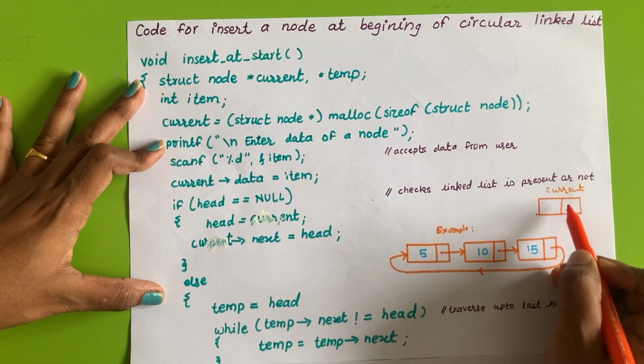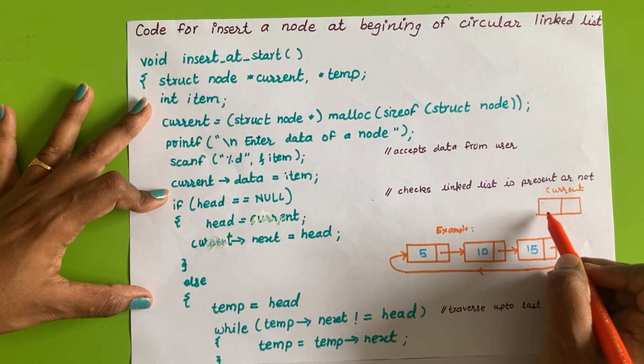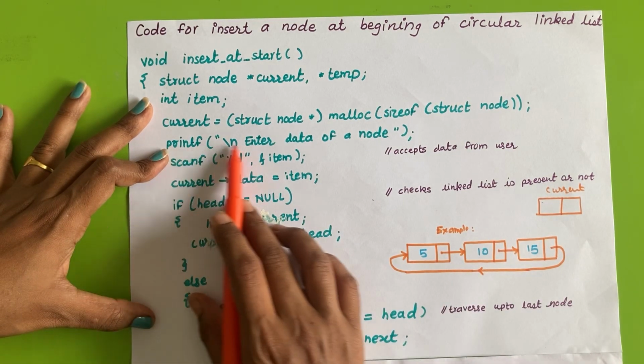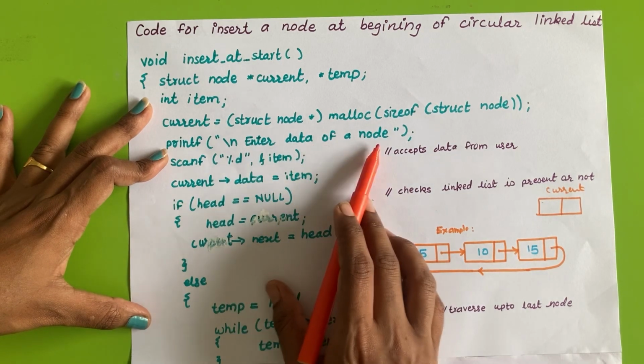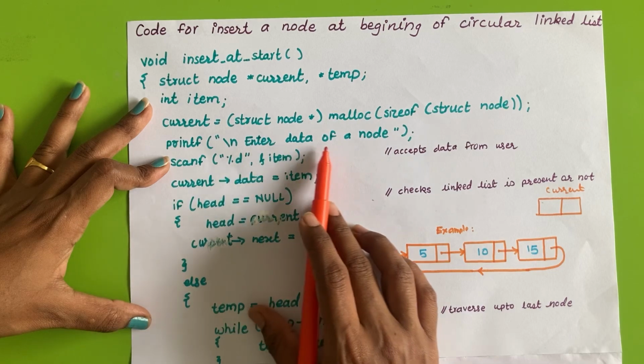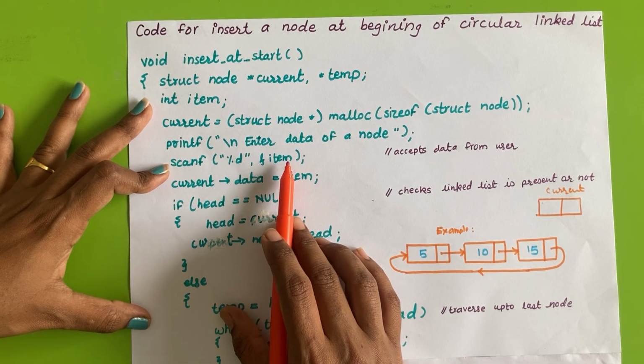Now we will assign the fields of the current pointer. I have accepted here the data part of the current node. So printf enter data of a node, and that will be stored in the variable item.